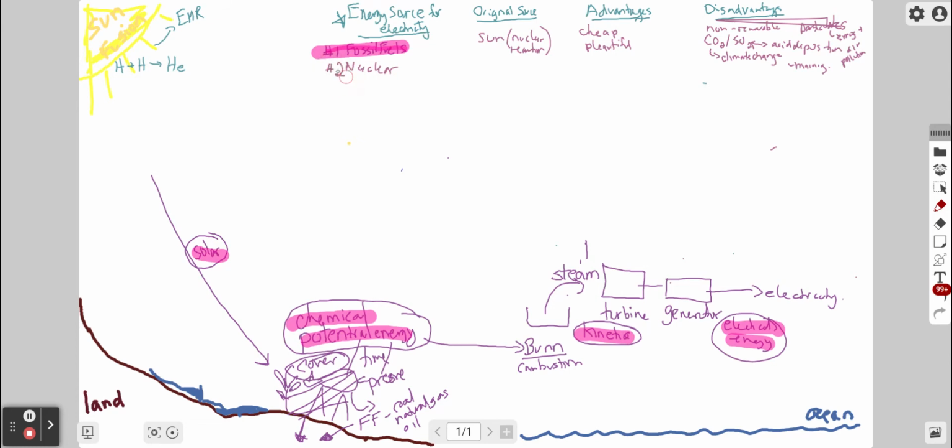Number 2. All right, and where is nuclear energy coming from? Well, we are mining here, uranium. All the uranium that we have on Earth was created billions of years ago. So again, this is considered a non-renewable resource.